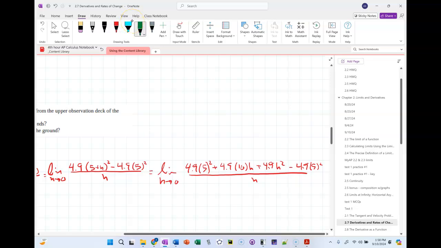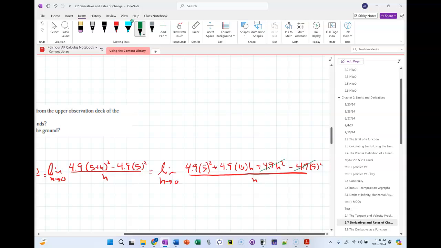Everybody's okay with what I did there, foiling? I didn't want to do the multiplication because quite frankly 25 times 4.9 I couldn't feel comfortable doing in my head. But I don't think I'm going to need to do it, at least until the very, very end.